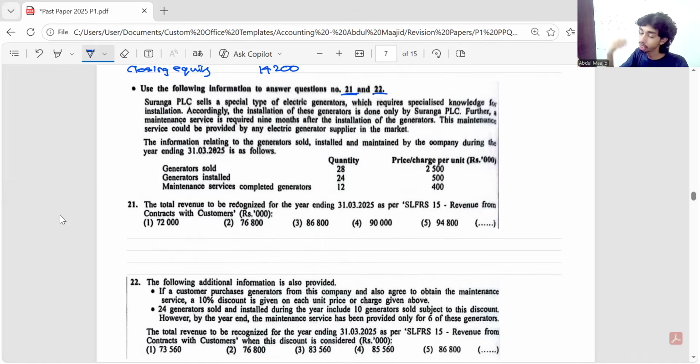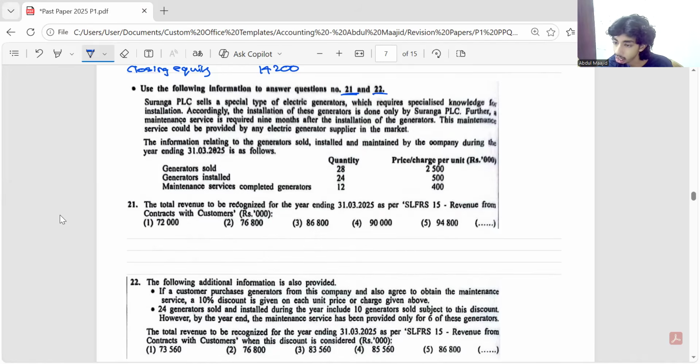Because they can't call anyone else to install it, only Suranga PLC can install it. Then you will recognize revenue only when it is installed. Any uninstalled goods if you give, you can't recognize as revenue. To recognize as revenue, you have to give the machine as well as install it. Remember that.